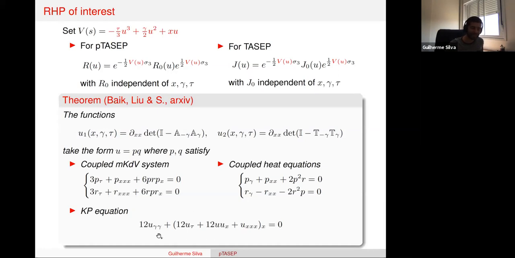So the right way to say it is that the Hastings-McLeod solution to the Painlevé II equation is nothing but a self-similar solution to the KP equation. So in that sense, it's a result that was already known, right?